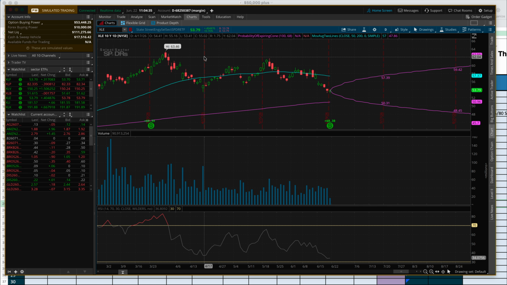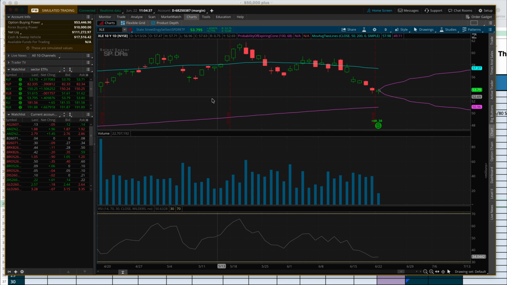This is a nice pattern here to look at. If we just look right here, this is a head and shoulders pattern. I talked about this in the other video I did. This is the left shoulder, this is the head, and this is the right shoulder. And when you see a pattern like this, it's usually a turn downward. And what can happen, statistically speaking, of course, we never know exactly what the future holds.